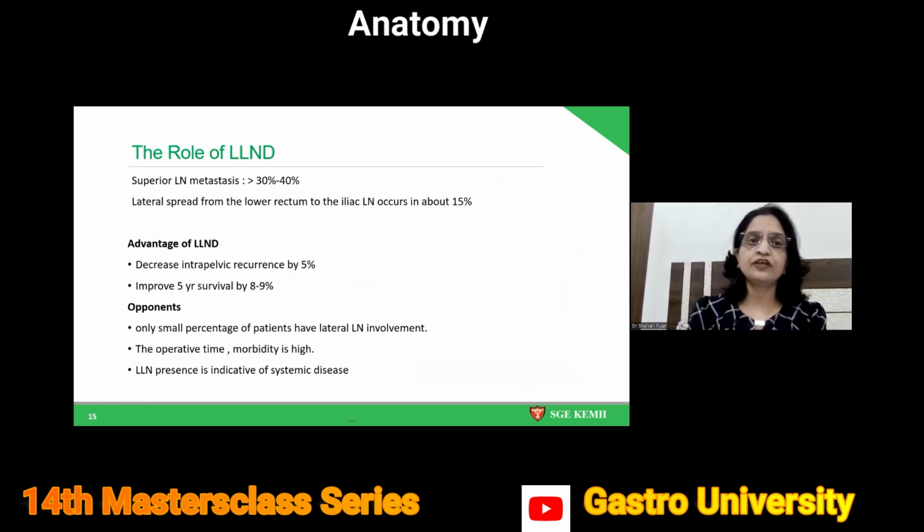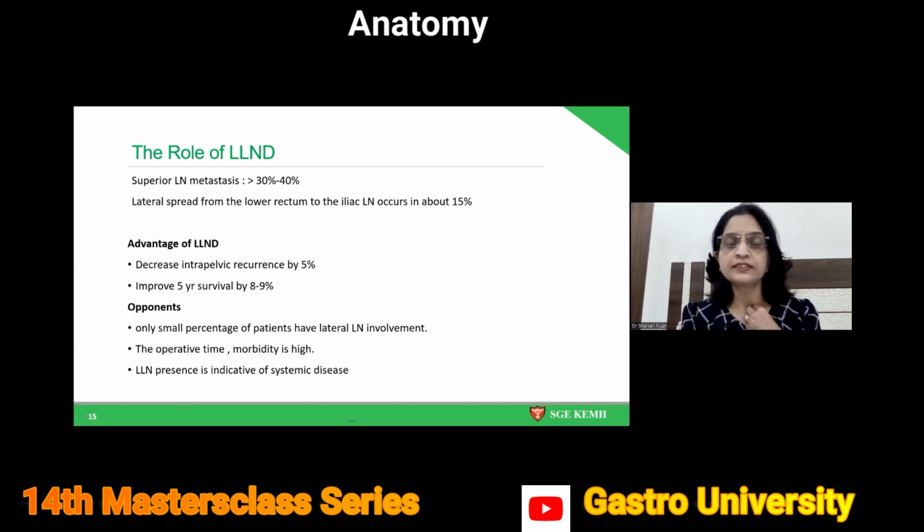As I said, the majority of the lymph node metastasis, that is up to 40%, goes to the superior group of lymph nodes, and only 15% of the time are these lateral lymph nodes involved. But the advantage of lateral lymph node dissection is proposed to be that it decreases intrapelvic recurrence by 5% and improves 5-year survival by 8 to 9%.